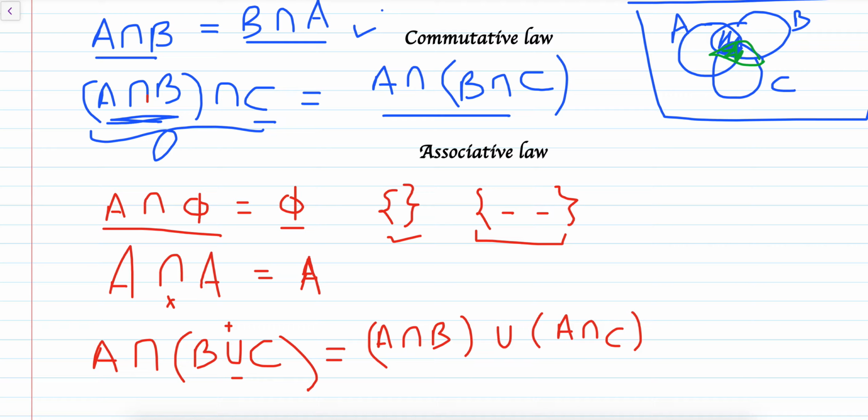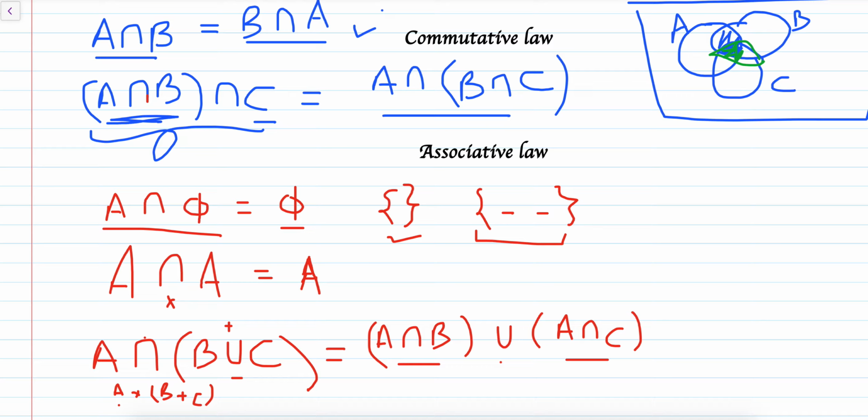So if you multiply A multiplied by B plus C, so what we will get, A multiplied by B plus A multiplied by C. So this is and, and this is or.